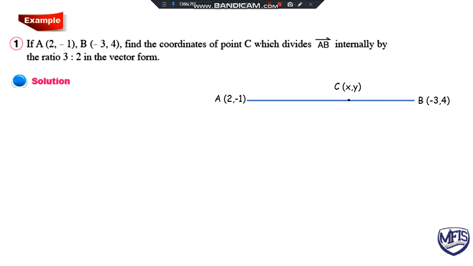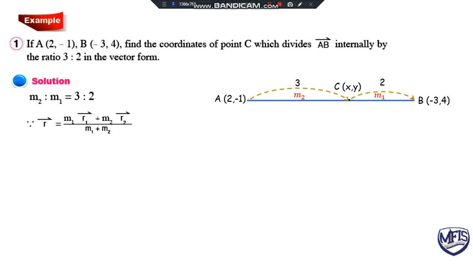From the starting point A to C will be 3, and from C to B will be 2. From A to the point of division will be M2, and from the point of division to the end point will be M1, and M2 to M1 will be 3 to 2.